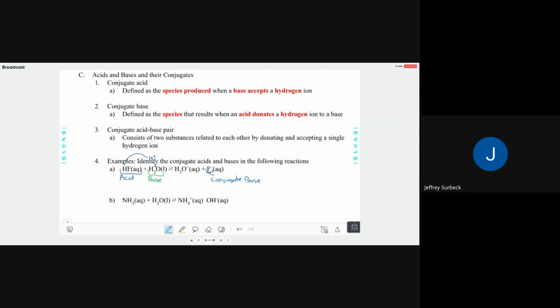Remember, I always say, hey, try to find something that either gained or lost just one H. And H3O plus on the other side here, I'm going to highlight this. H3O plus, because it gained that extra H, is considered to be our conjugate acid.